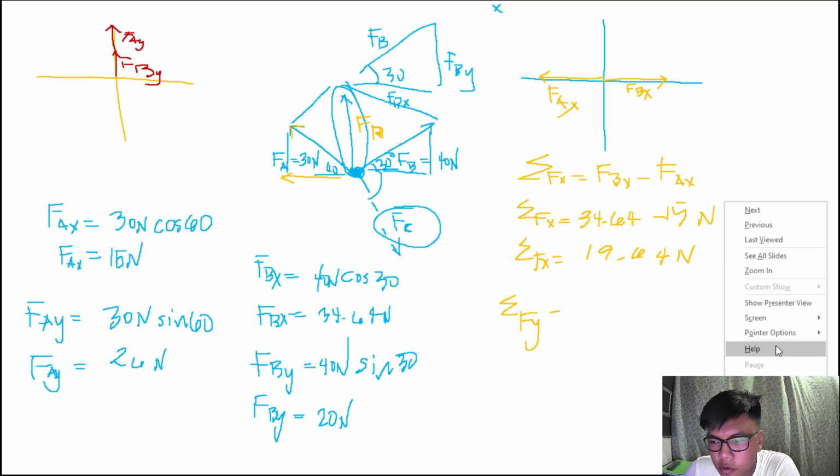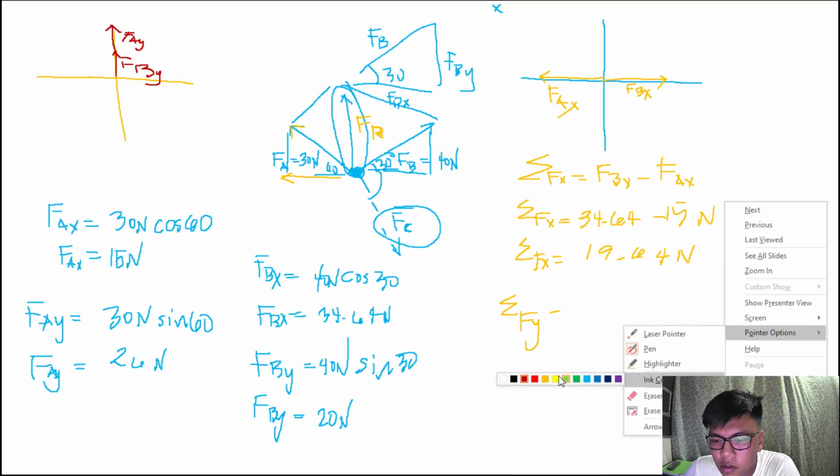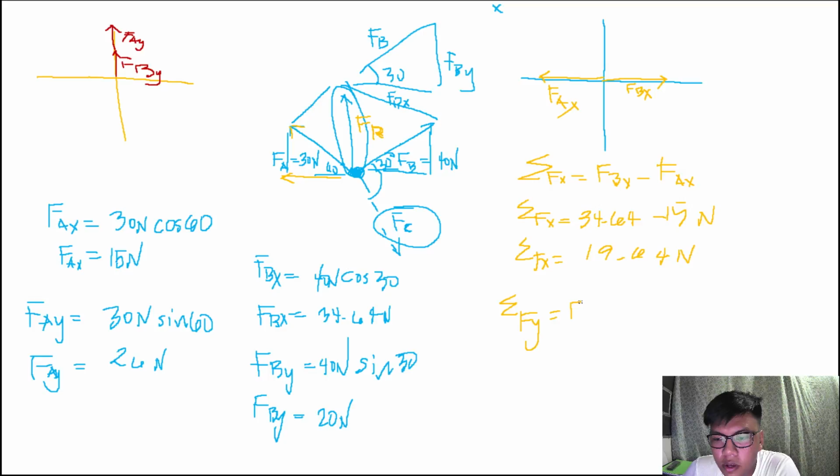So the summation of forces along y-axis is equal to FAY plus FBY. So we have summation of forces along y is equal now to 26 plus 20 Newton. So we have 46 Newton. So obviously pupunta sa taas.